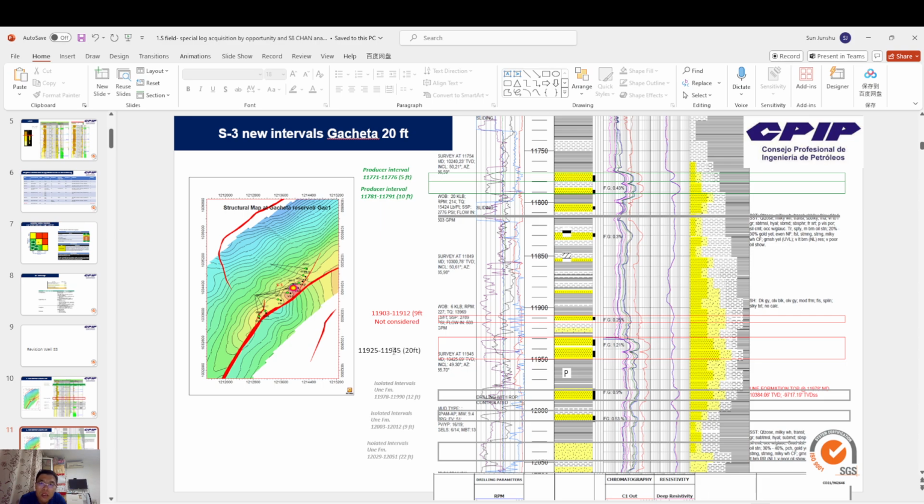So this part is the, from the log we can see the porosity is around 1.2%. With oil show.